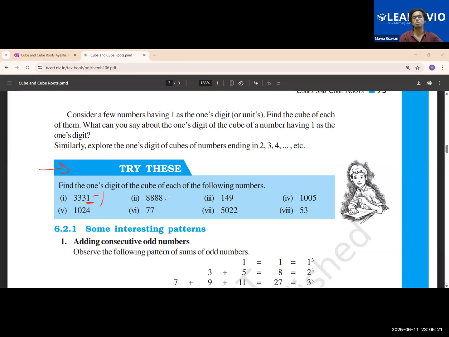They're not asking the cube root, they're asking the cube. So the cube of a number ending with 8 would end with 2, the ones digit, the last digit. Now in this way you have to tell me for the other parts. Got it now?